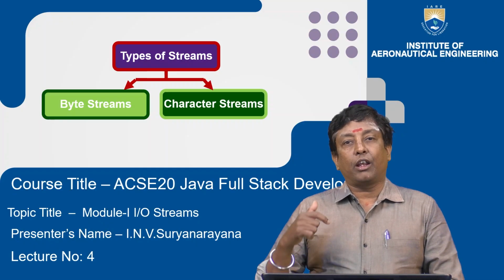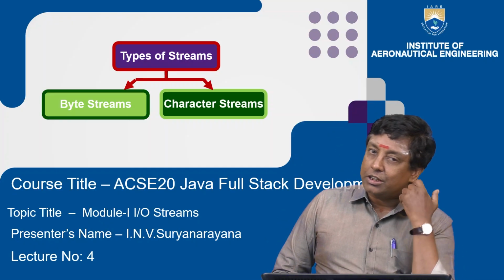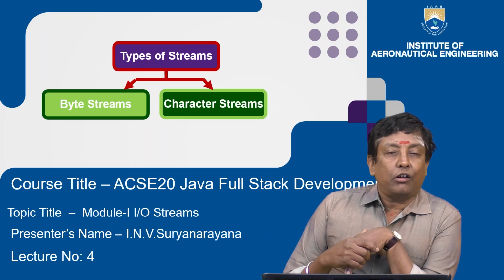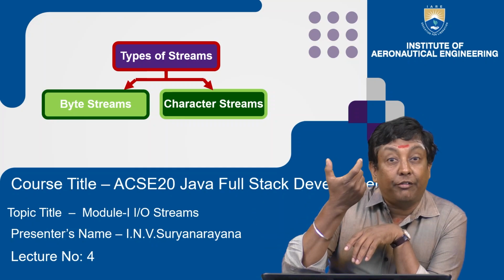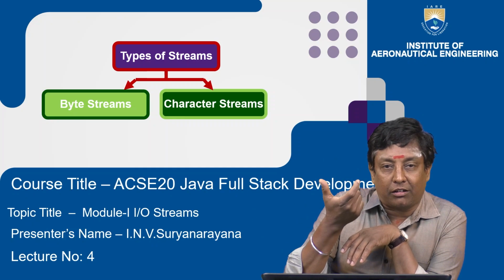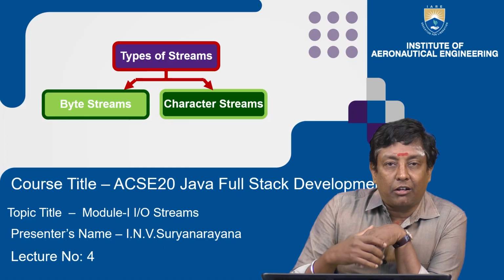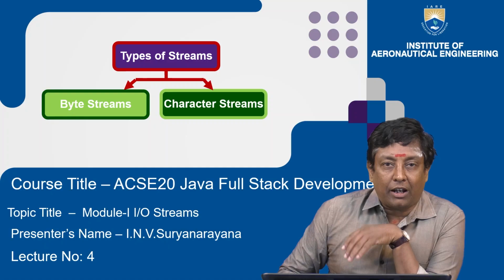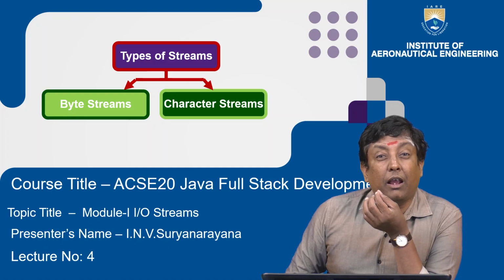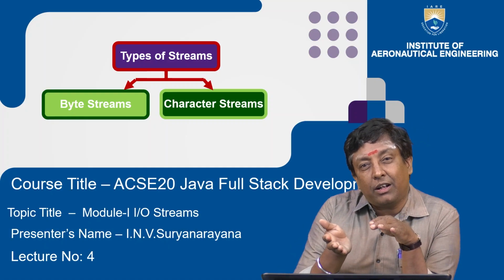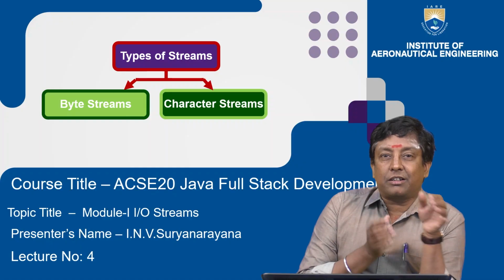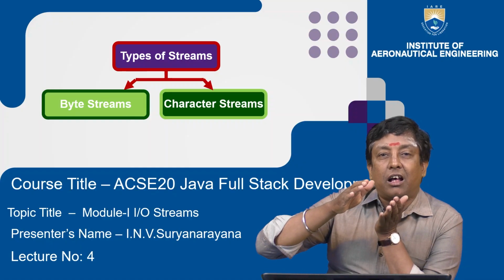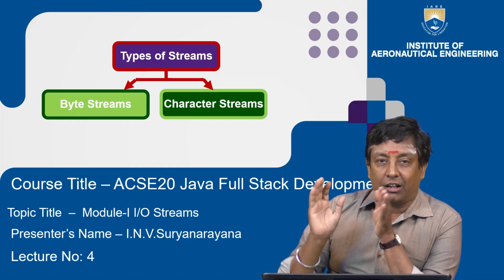Coming to the Unicode range, 0 to 65,535. In order to hold the Unicode value of each Unicode character in that range, we need 2 bytes of memory. So that is nothing but reading a stream of characters. In the iostreams API, input-output streams are given to deal with byte streams, and reader-writer classes are given to deal with character streams.